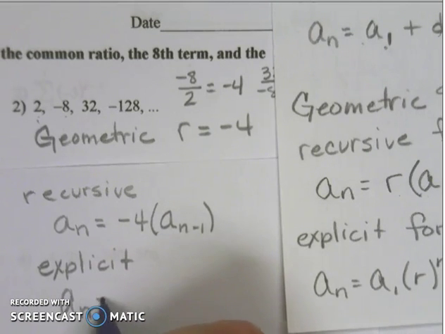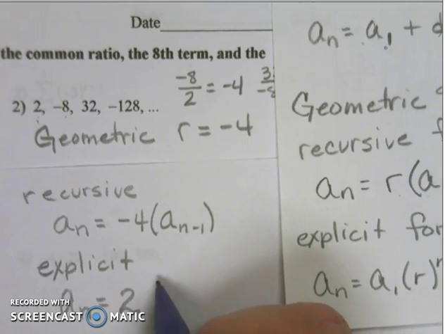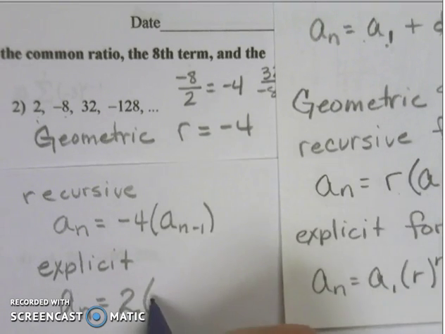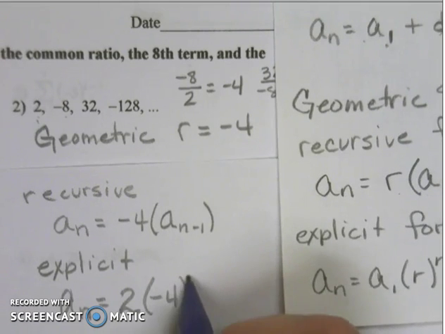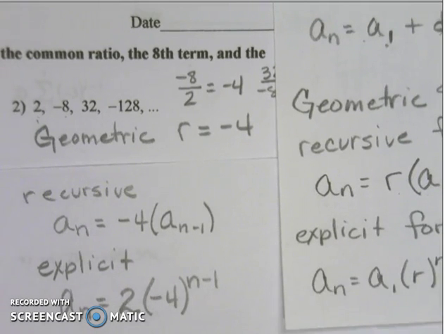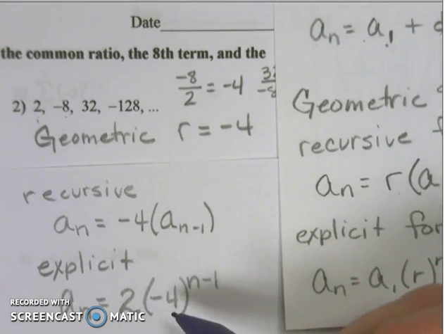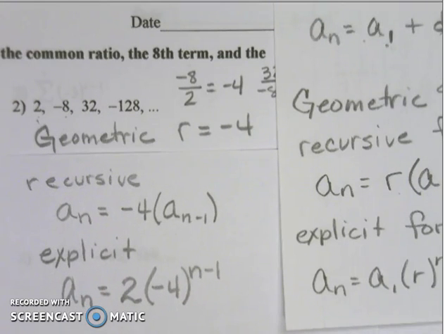So a sub n equals a sub 1, which is 2, parenthesis, my r is -4, to the n minus 1 power. That provides me both my explicit formula and my recursive formula.